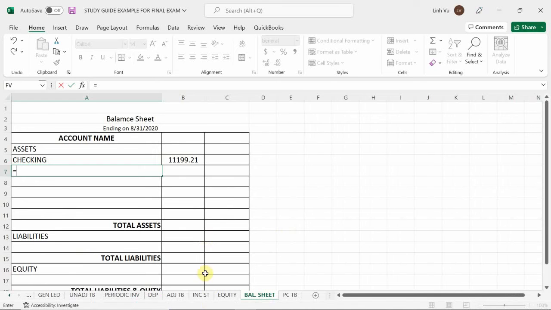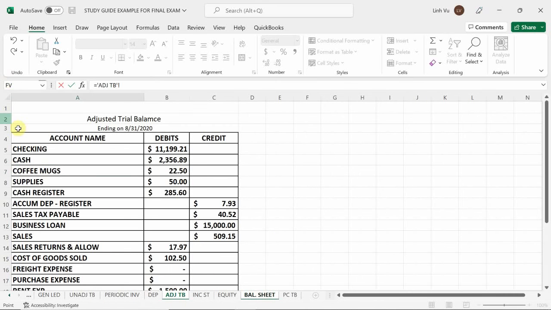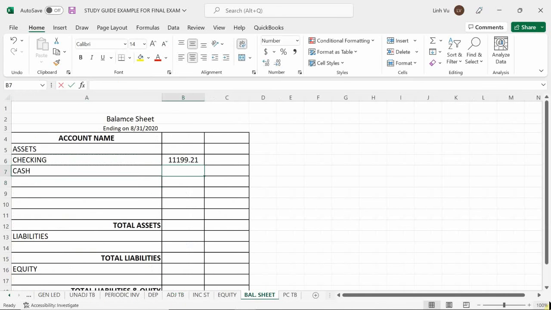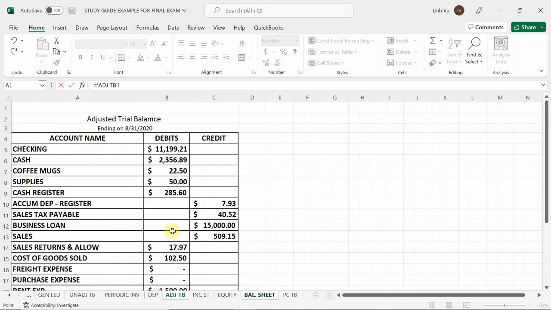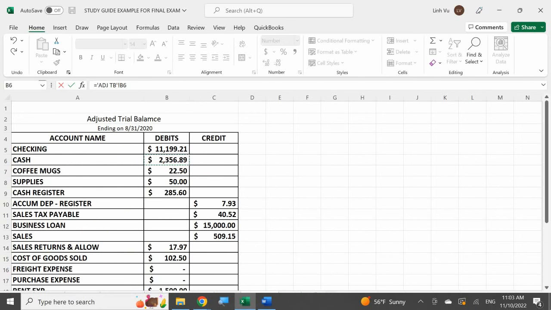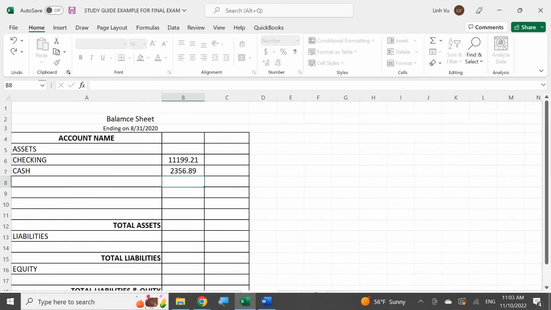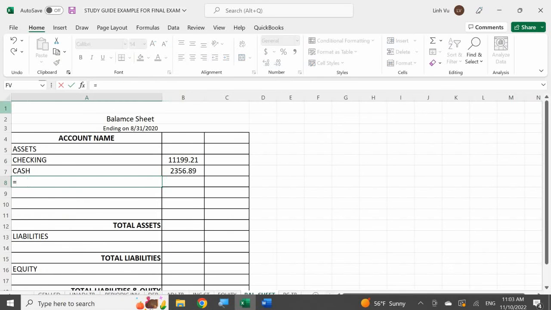Your next asset is your cash, which is currently at $2,356.89.